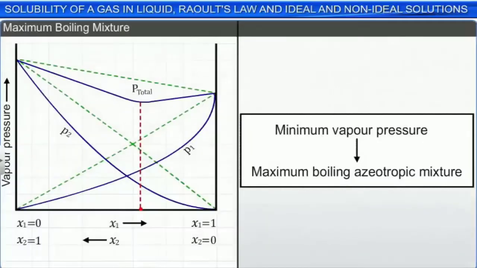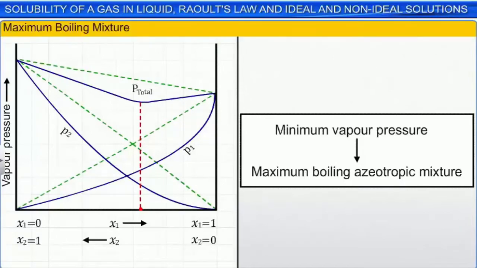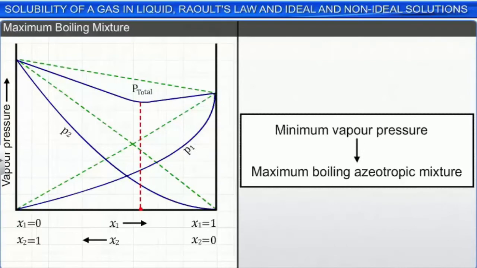Let us now discuss the other type of azeotropic mixtures: the maximum boiling azeotropic mixtures. When the magnitude of negative deviations from ideality is very large, the total pressure curve in such cases passes through a minimum X. As you can see in the diagram, the point X corresponds to the minimum vapor pressure, so this will result in a maximum boiling azeotropic mixture.